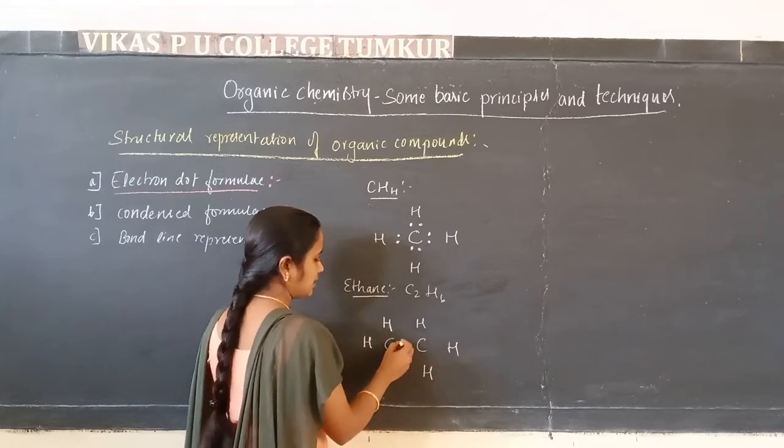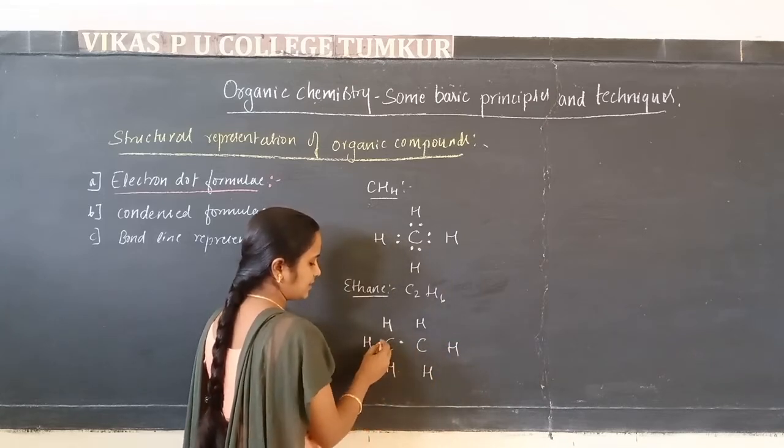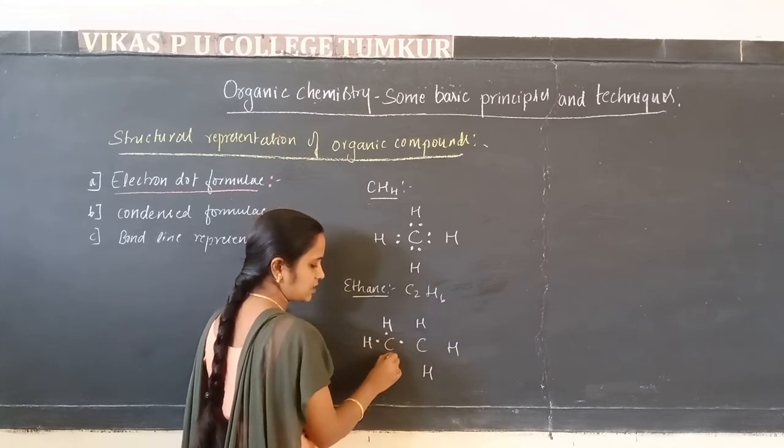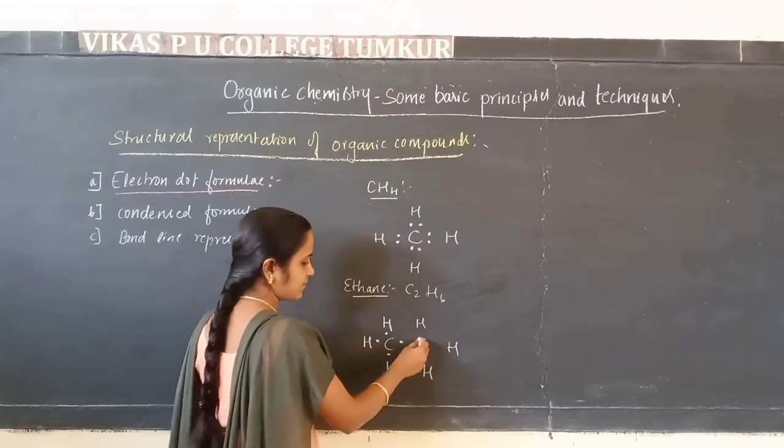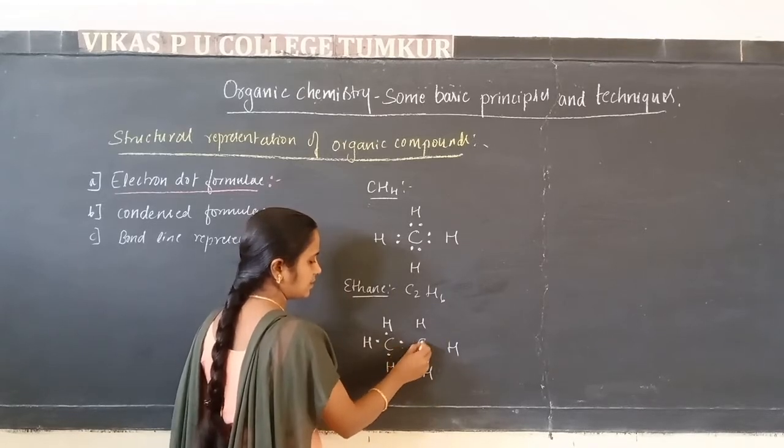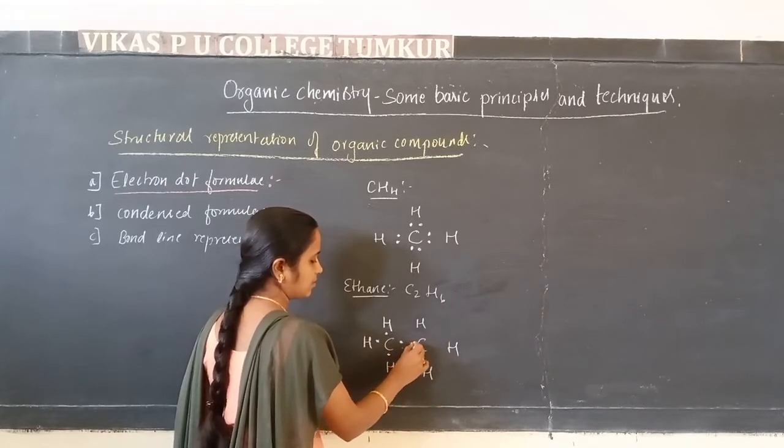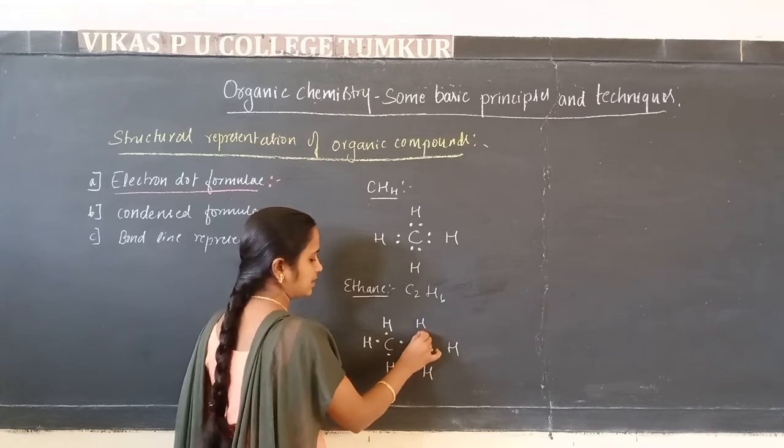Each carbon has 4 valence electrons, which we write first.